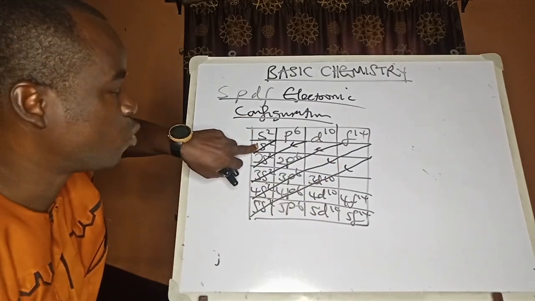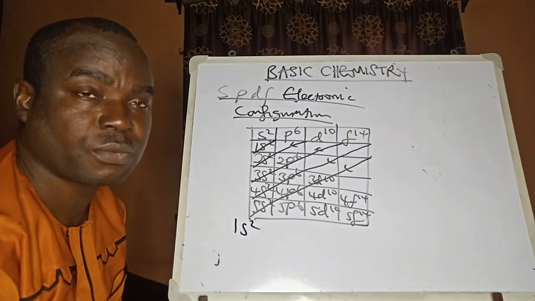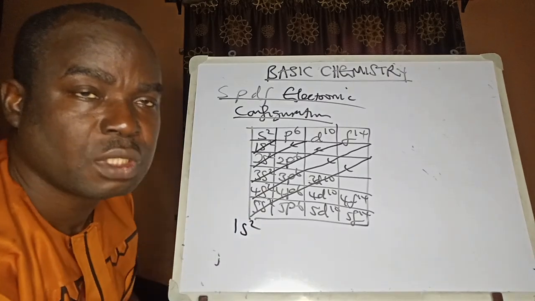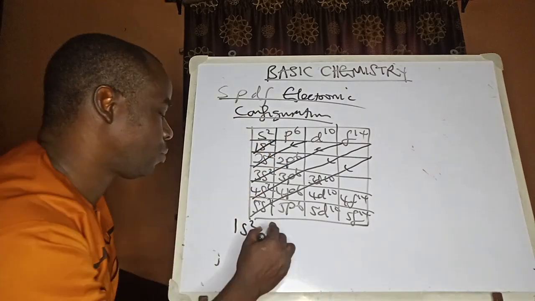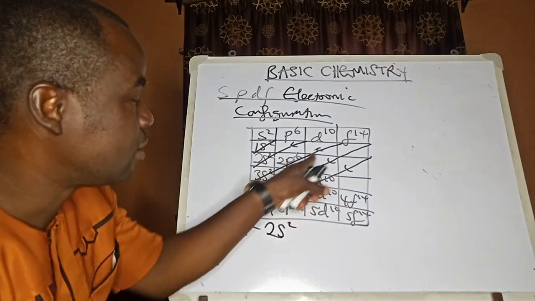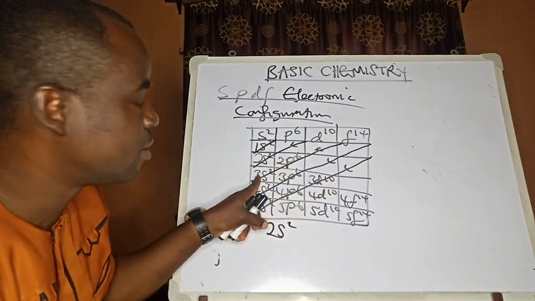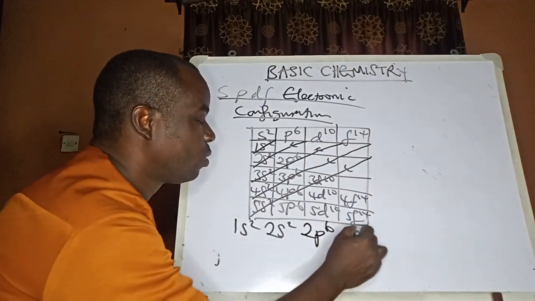Now, the first diagonal has 1s2. So copy it out. 1s2. Are we following now? Second diagonal has 2s2. Third diagonal has, from up here, 2p6, 3s2.